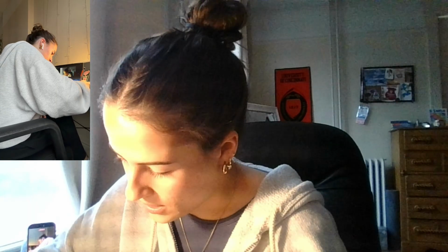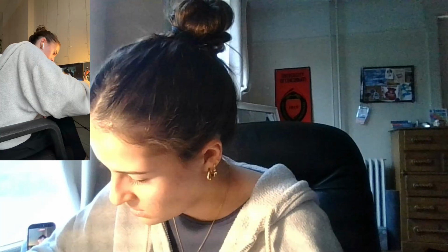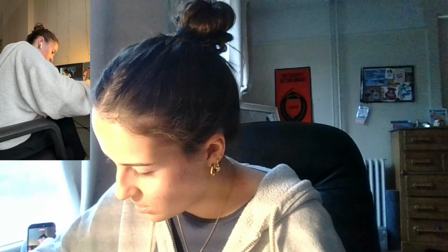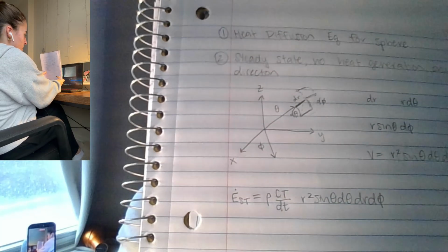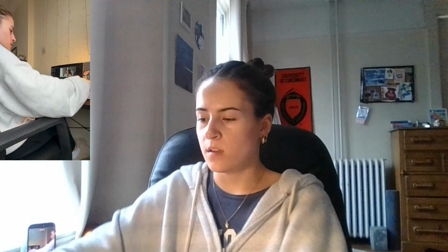Then multiplied by our volume piece. So I'm just copying our volume that we found right there. R squared sine theta d theta dr d phi. As definitely a mouthful.